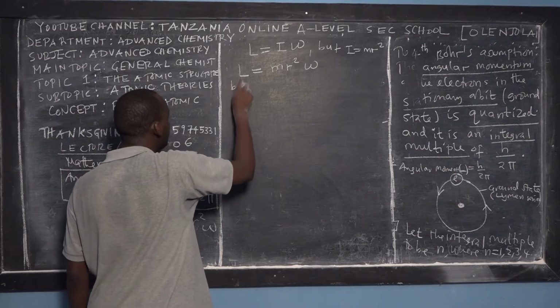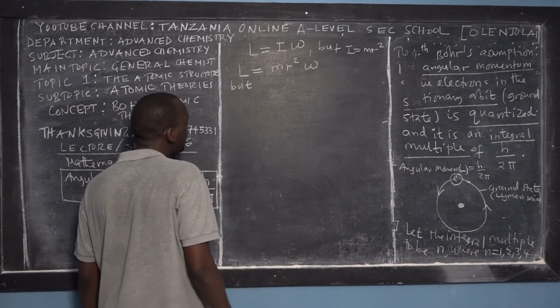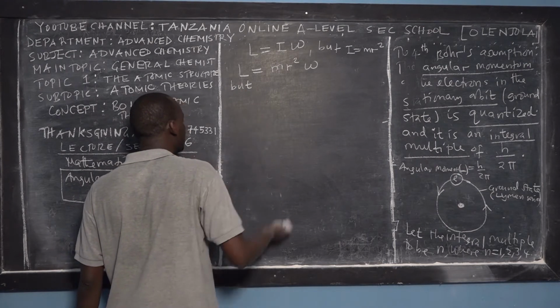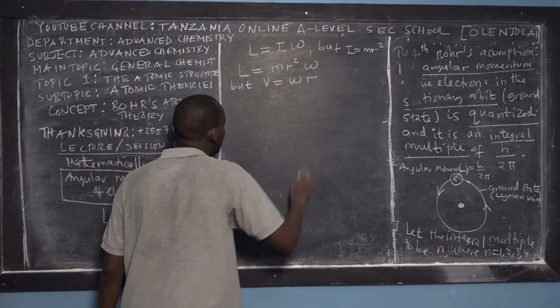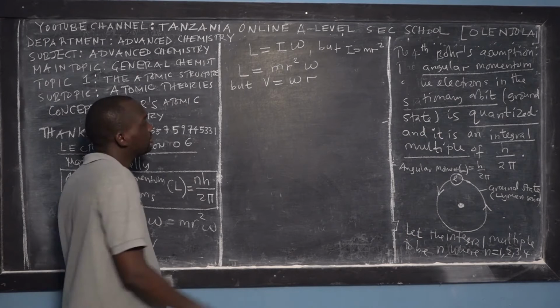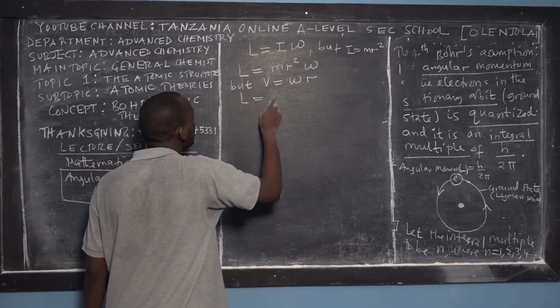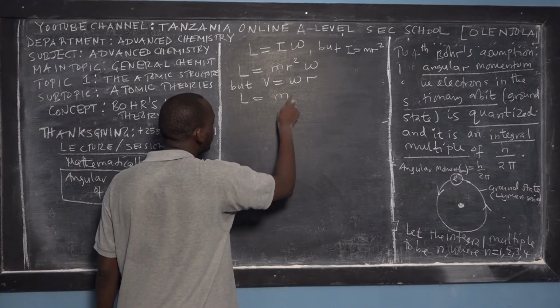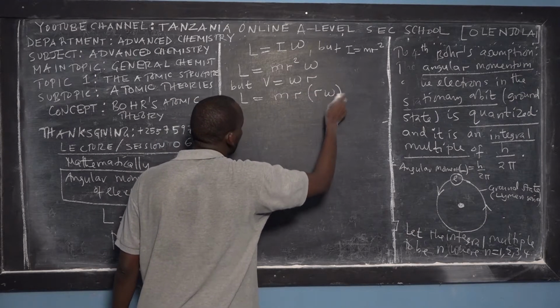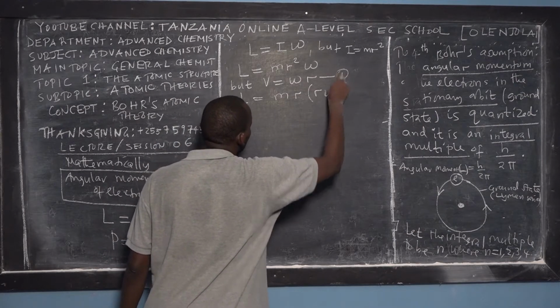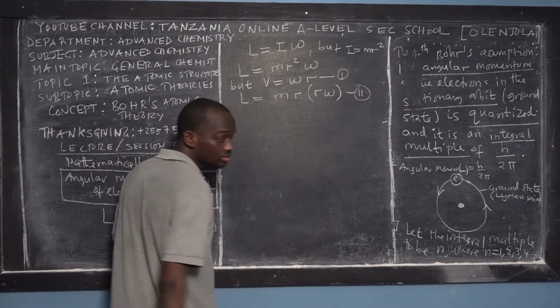But again, I told you in Bohr's assumptions that the linear velocity is equal to angular velocity times what? Radius. Right? So then we say angular momentum, for this case, is equal to mass times radius times what? Angular velocity. So suppose that this is equation 1 and this is equation 2.